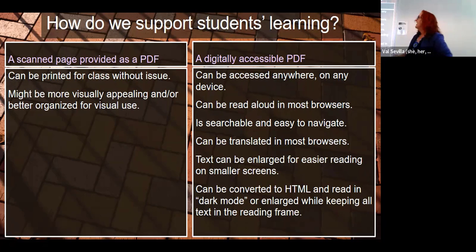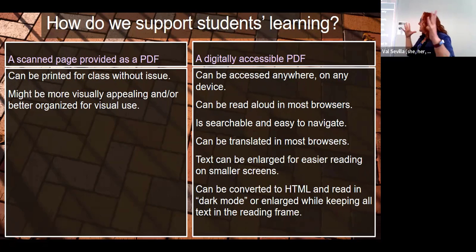organizer. However, a digitally accessible PDF can be accessed anywhere on any device, and can be read aloud in most browsers. It's searchable. That's really important with some of your larger documents. It's easy to navigate. It can be translated in most browsers.